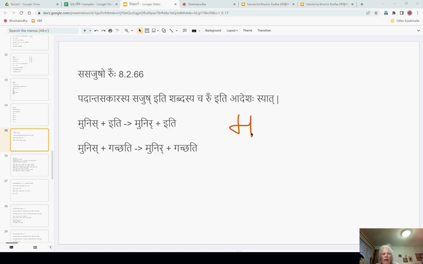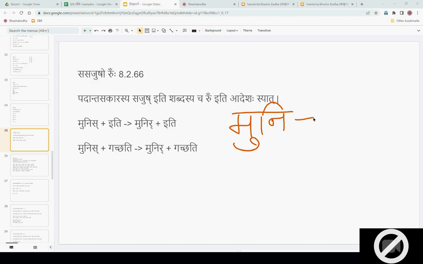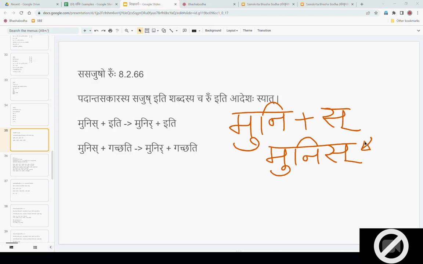So let's start with Muni. Muni plus Sa becomes Munis. And Sa at the end of the word changes to Ra: Munir.